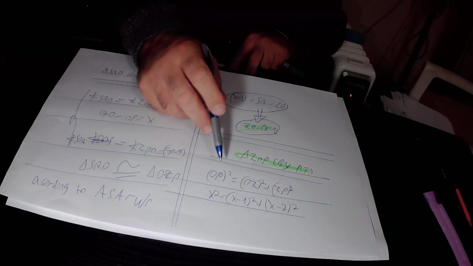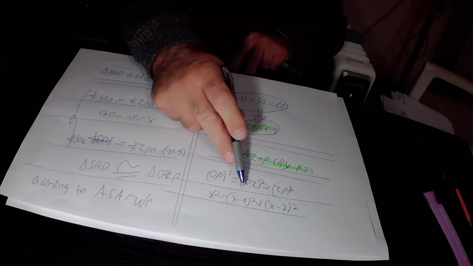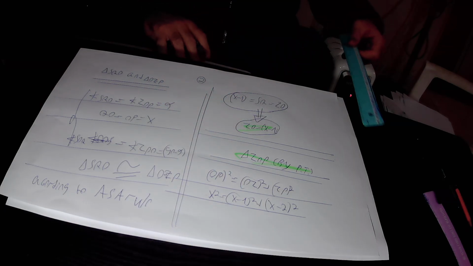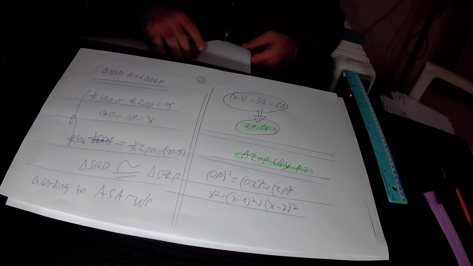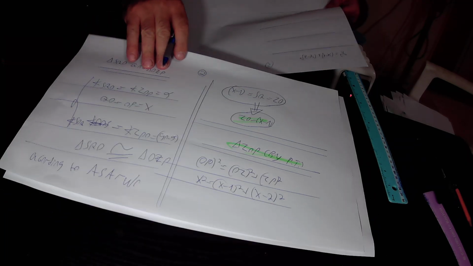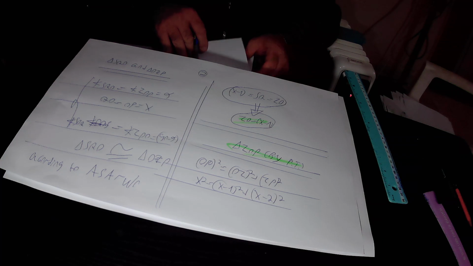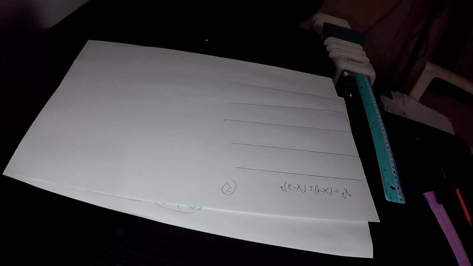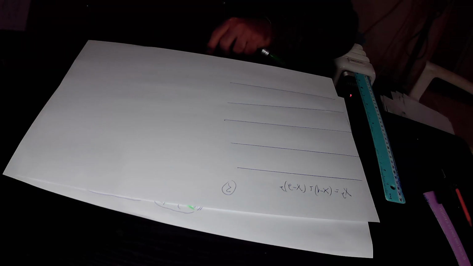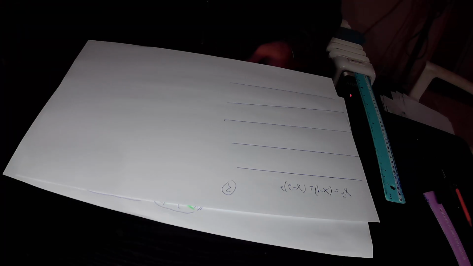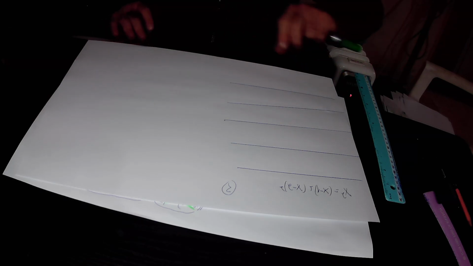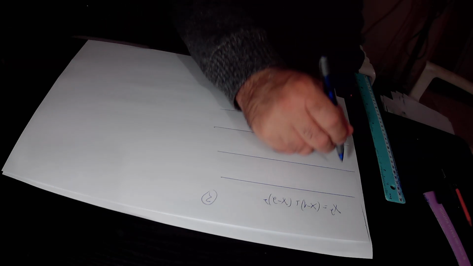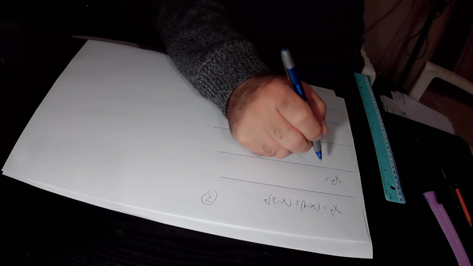Here we will open the brackets on this side of the equation, and we get that x squared equals x minus 1 square.